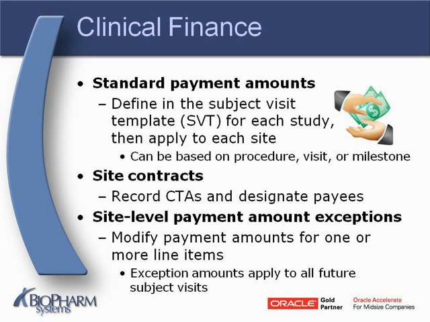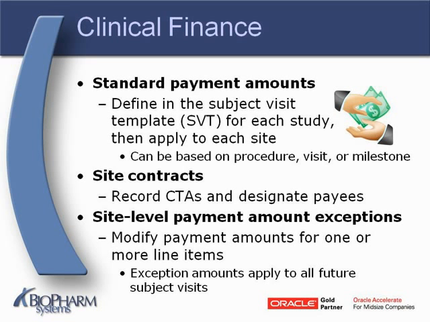Also, during the site negotiations, we'll note the special payment exceptions that a site will have if they're deviating from the standard amounts that we set up at the study level. So although the system through this template functionality allows for standardization of those payments, we still have the flexibility on a site-by-site basis to put in payment exceptions.